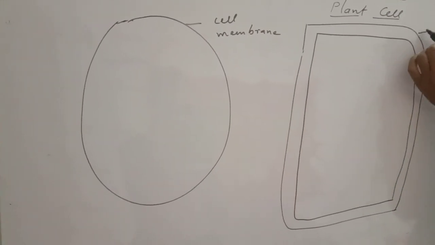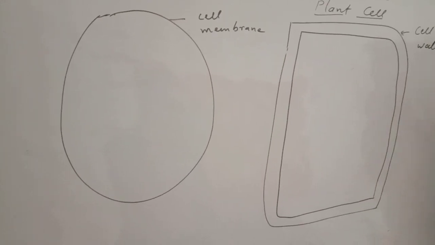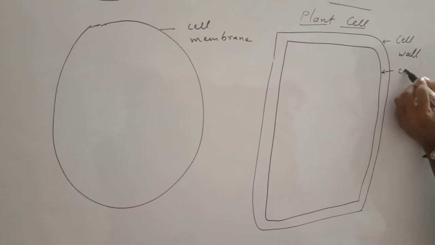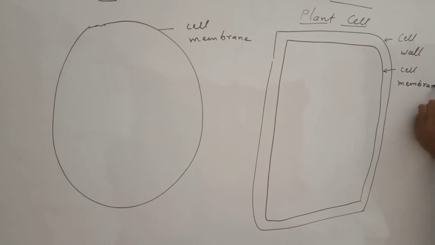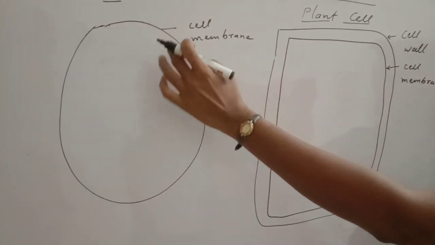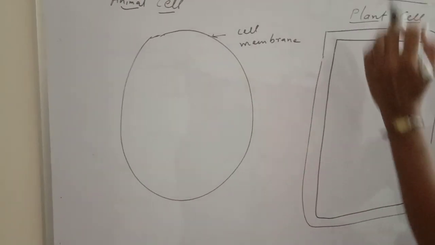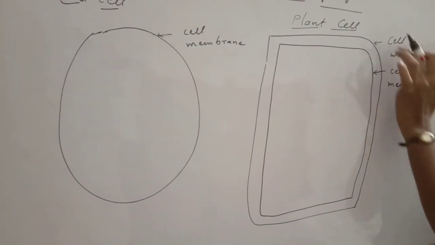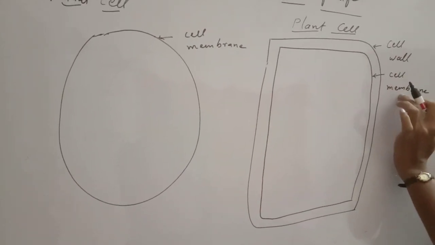The outermost is called the cell wall, which is rigid, and the inner one is called the cell membrane. That means in animals we have only one layer, while in plant cells there are two outer coverings.